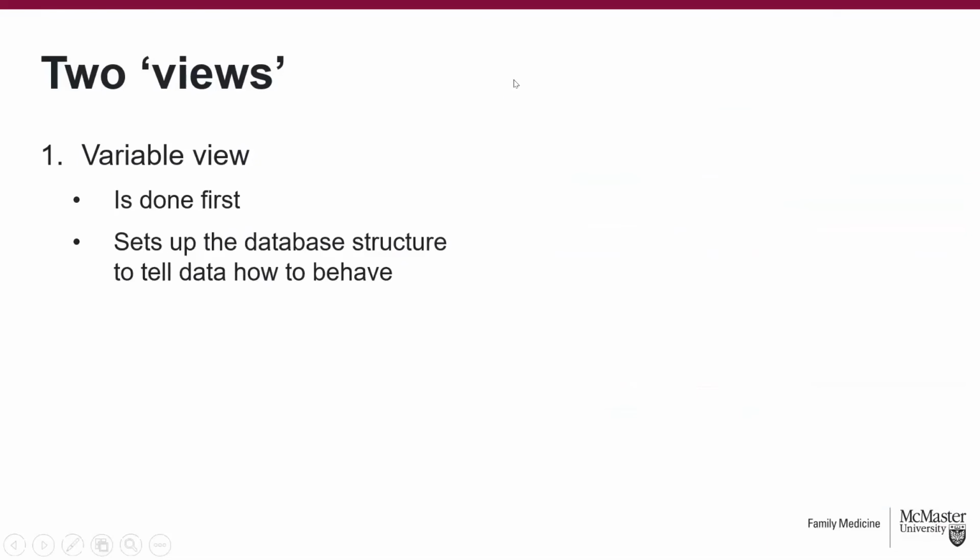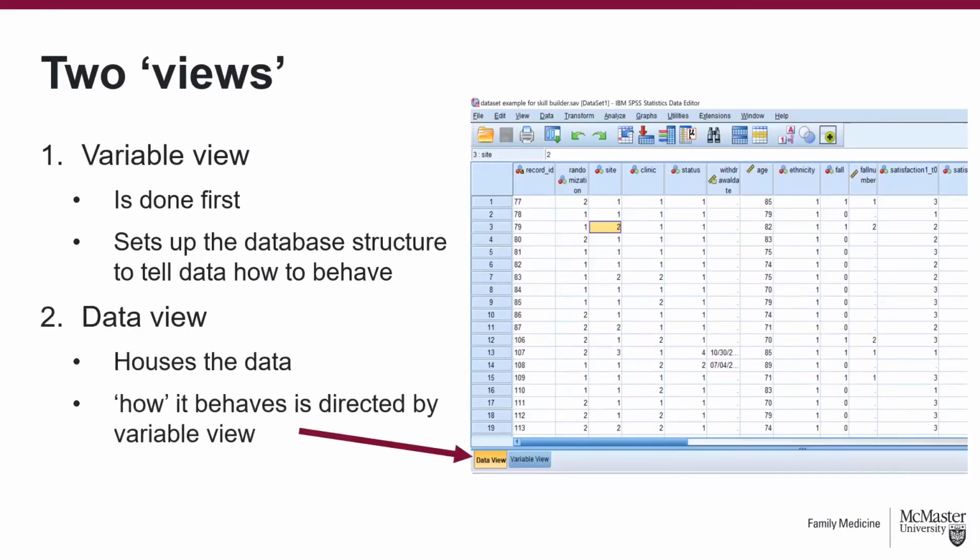The second view is called the data view, and this houses the actual data that you might enter or import from somewhere else. How the data behaves in this view is directed by what you put in variable view, so the structure. We'll get into what that all means, but these 2 views are really important because you don't want to open up SPSS and start entering numbers or text. You have to set up your structure first to tell you how that data should behave.